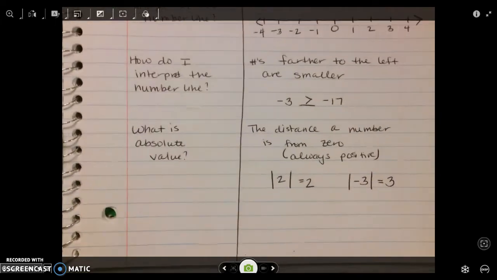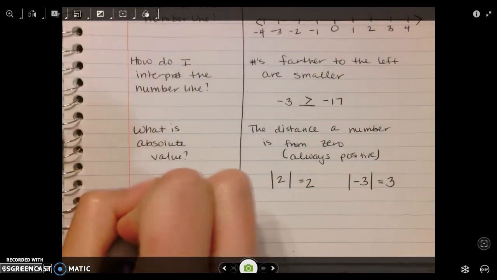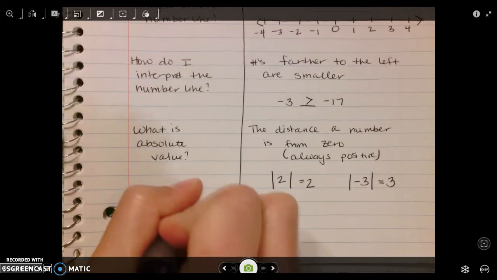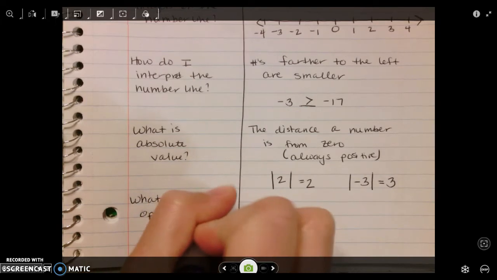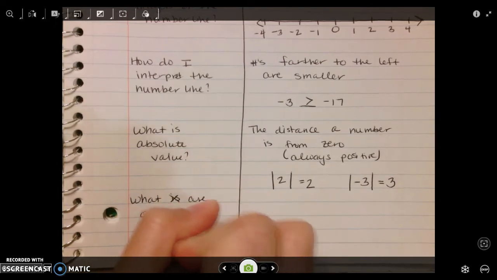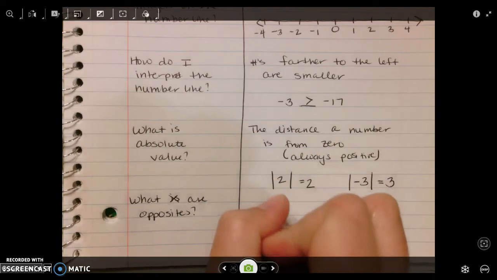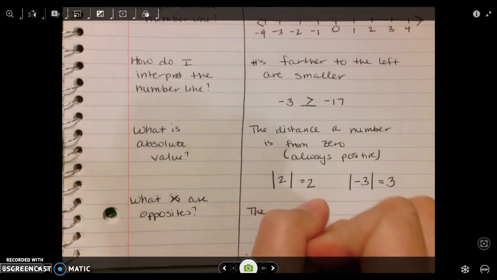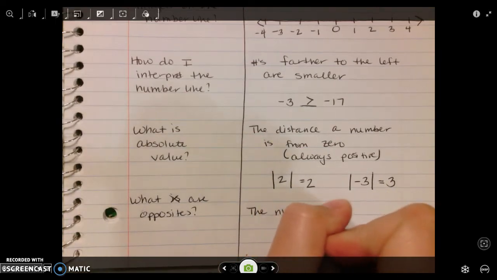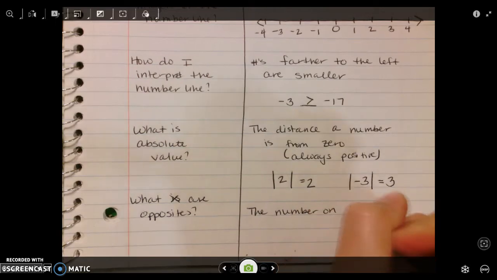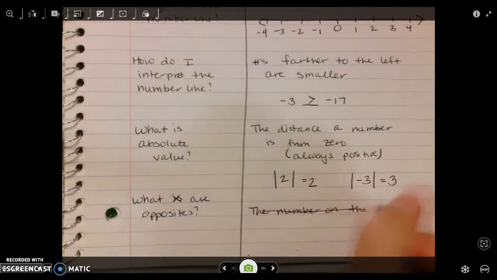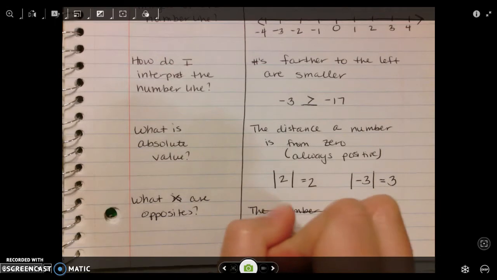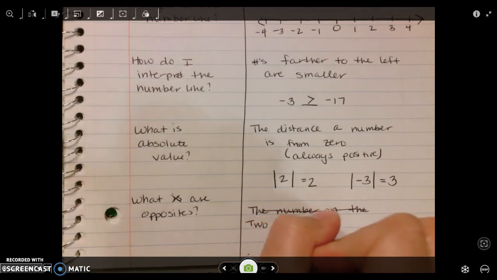As I'm talking about this, I'm realizing there's one more thing we need to talk about. What are opposites? And opposites are two numbers that are the same distance from 0.